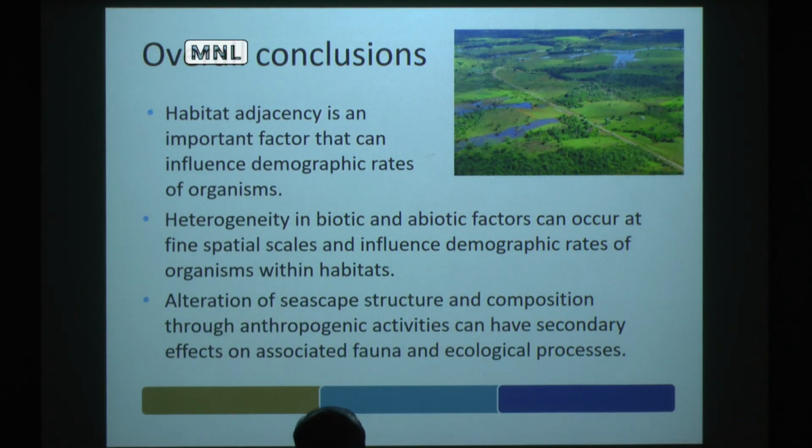And finally, we learned that anthropogenic activities can alter the natural structure and composition of the seascape, which can have secondary effects on the associated fauna and ecological processes. So the overarching goal of this dissertation was to use a seascape ecology approach to understand patterns and processes.